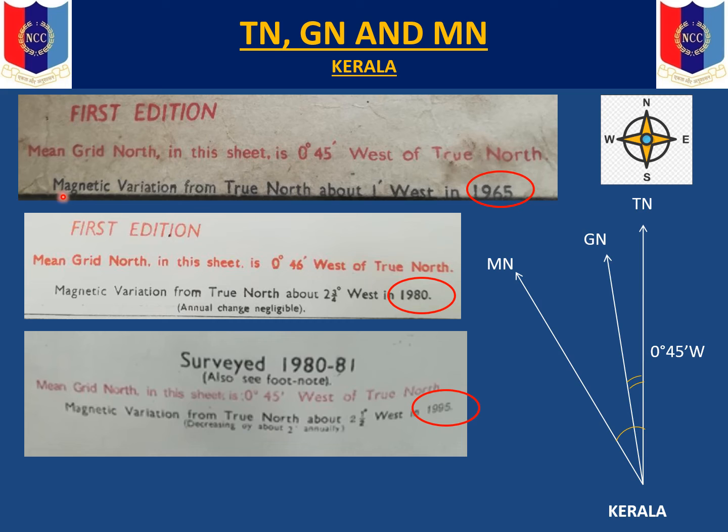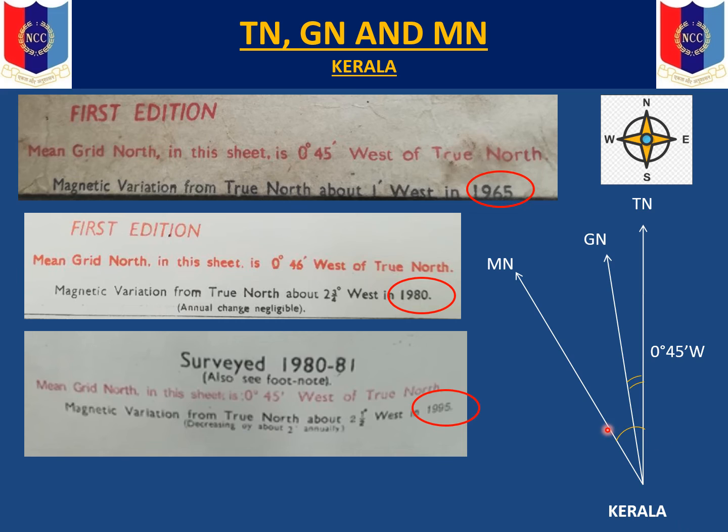And it also tells you something about the magnetic variation. The magnetic variation from true north is about 1 minute west in 1965. You see the time factor has come here. This map sheet edition is of 1965 vintage, which means in 1965 the magnetic variation from true north was 1 minute west.